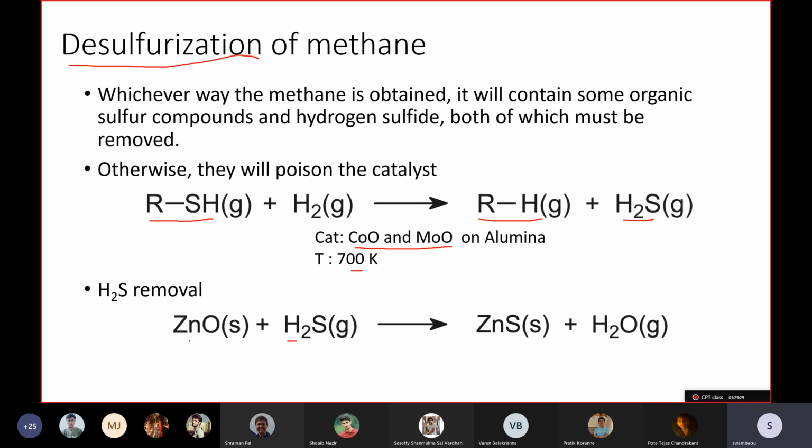H2S is removed using zinc oxide. This way, desulfurization of methane is carried out. Methane or any hydrocarbon containing sulfur components first reacts with hydrogen to produce H2S, and the H2S is removed with the help of zinc oxide.